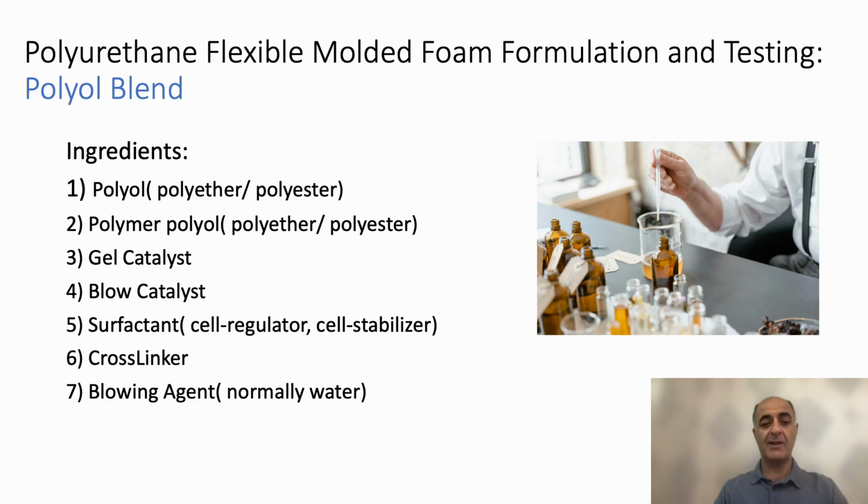Then we need a crosslinker to increase the crosslinking density in the polymer matrix. And finally, we need a blowing agent. It could be a chemical blowing agent like water to produce CO2, or it could be an auxiliary blowing agent. But here we will use water as a blowing agent.